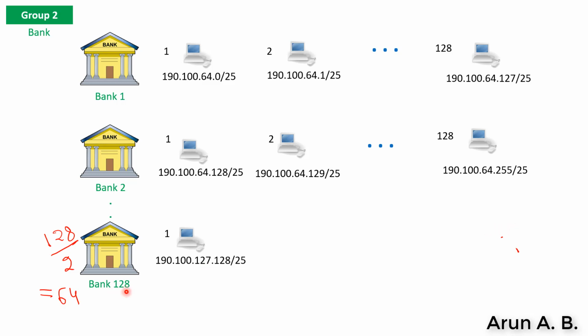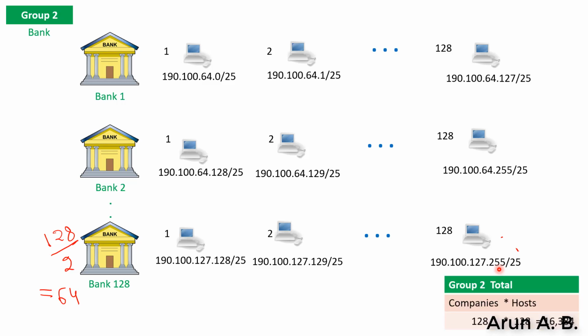Therefore this 128th bank will start with 127.128 and the next IP address will be 127.129. Finally it goes up to 127.255. So this will be the last IP address assigned in group 2.